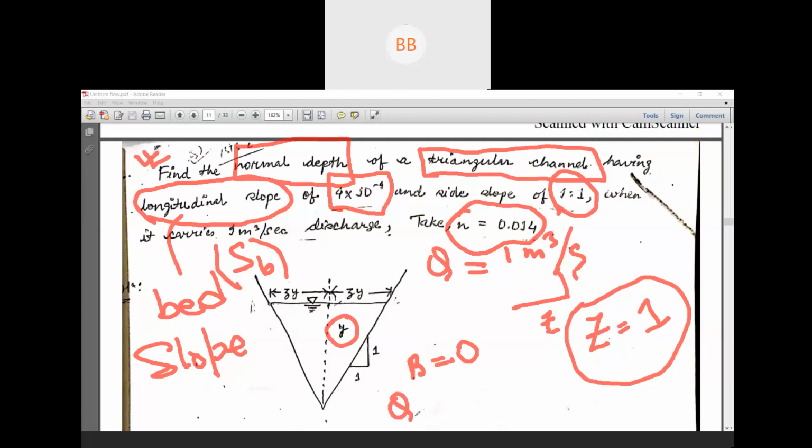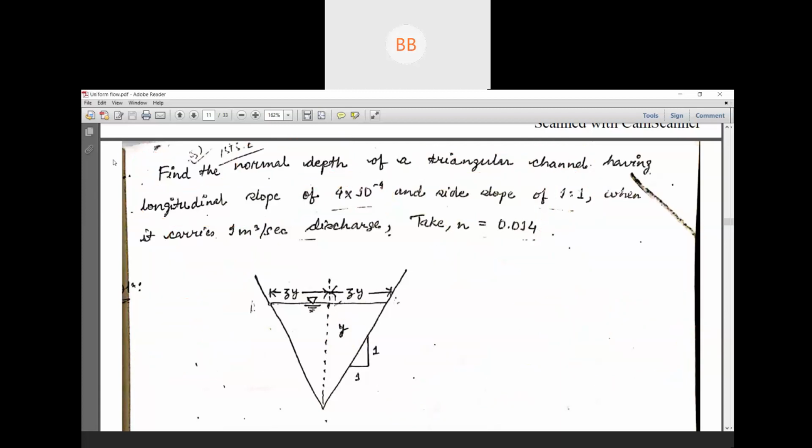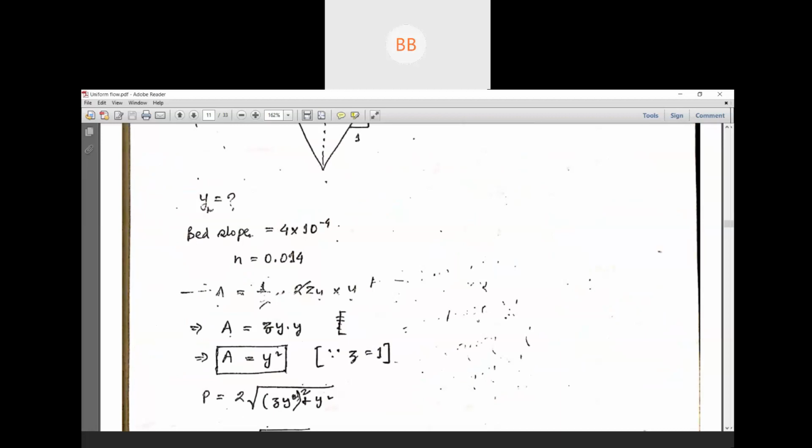So if you see here, discharge is area into velocity. Discharge is already given, area you can find out here, and velocity you also need to find out using Manning's equation. So you try to solve these questions. You need to find out y_n, that is nothing but the normal depth of the channel.